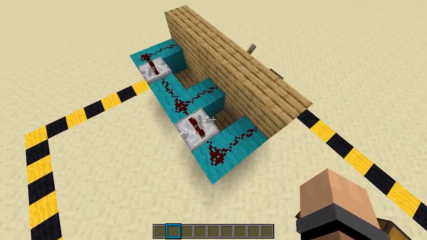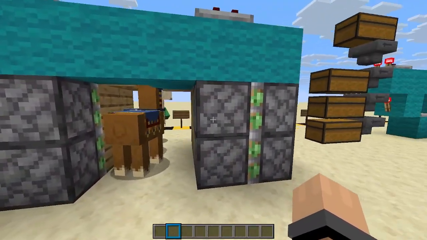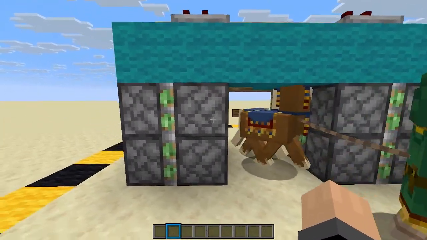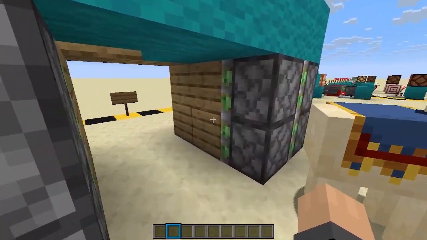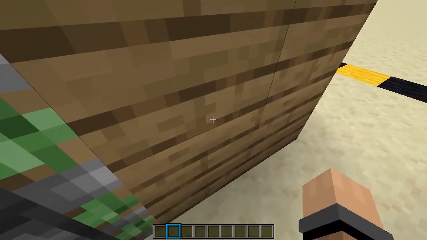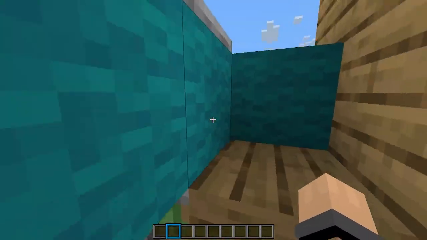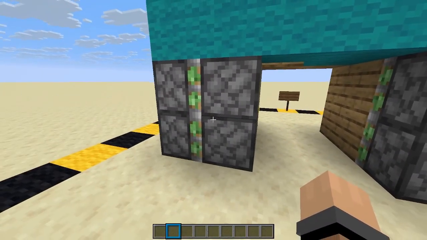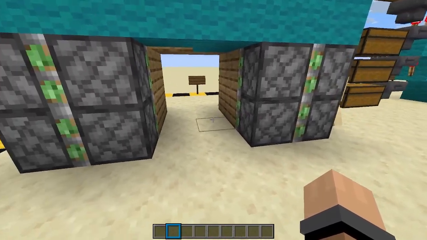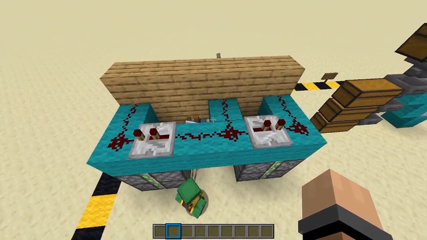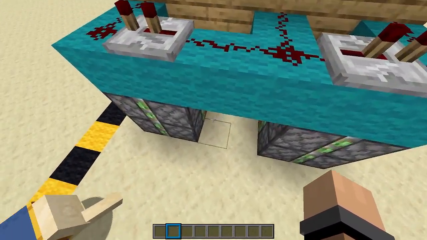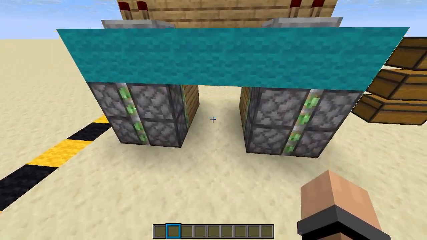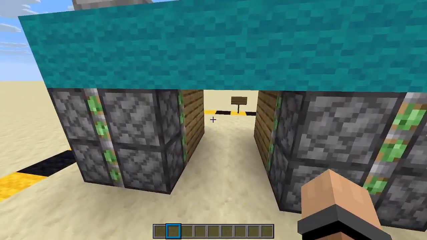But all this is 4 pistons pointing that direction, and then 4 pointing on those with the blocks on the other side. What happens is these 4 pistons activate, pushing these ones into the middle. But because these redstone blocks are already activating them, they then push their blocks out immediately.